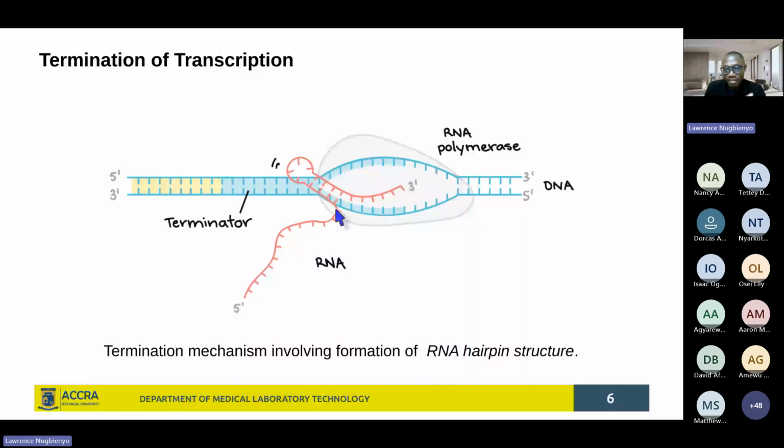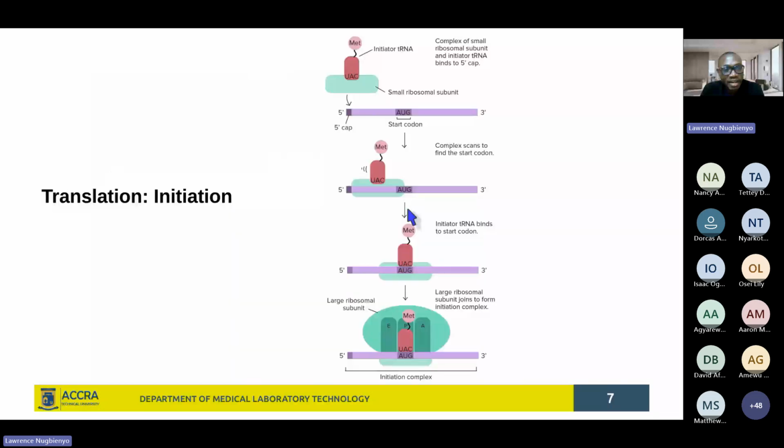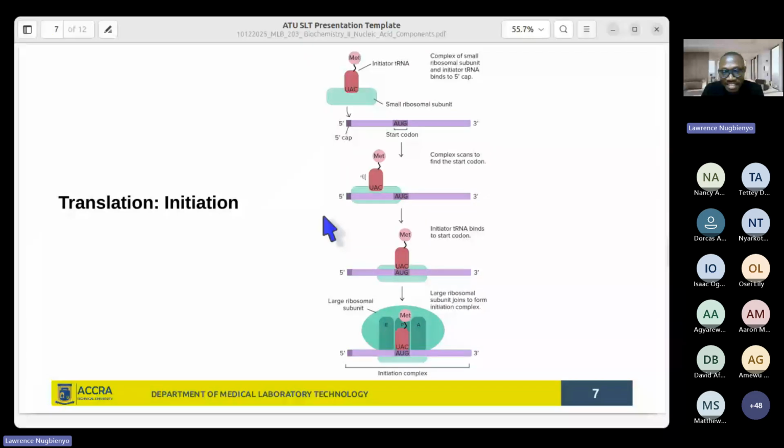It gets hydrolyzed off the DNA template. So that's a function of that hairpin structure. That's a process by which you have a termination of transcription. So then you can have your messenger RNA going into the cytoplasm now, carrying the message to the cytoplasm. And once it gets to the cytoplasm, the message will be translated. So the next stage that we'll move to will be translation.